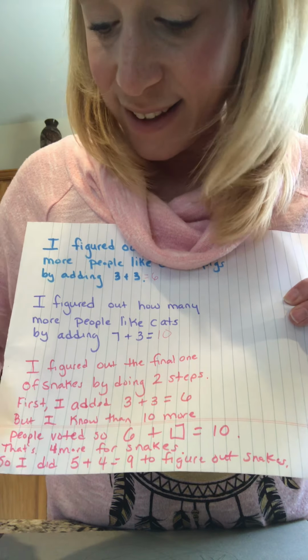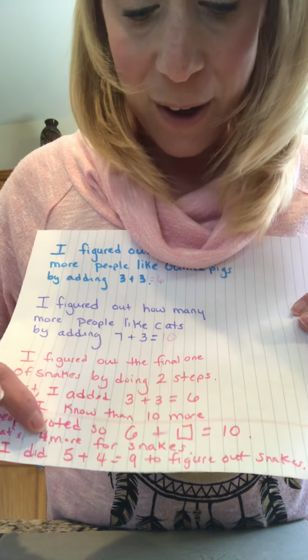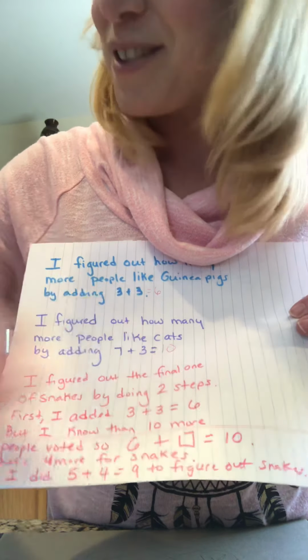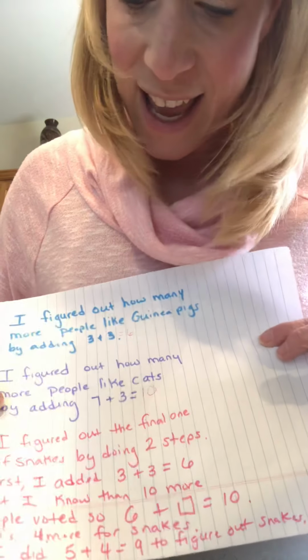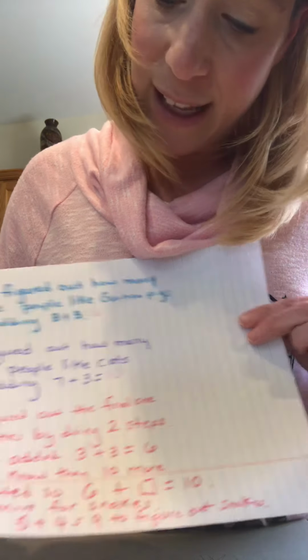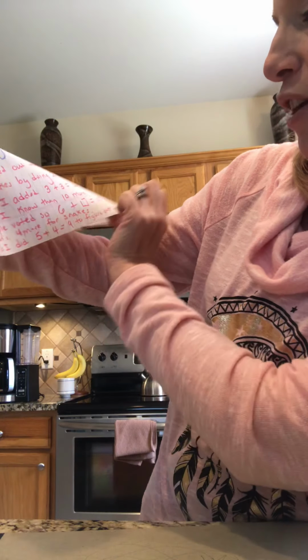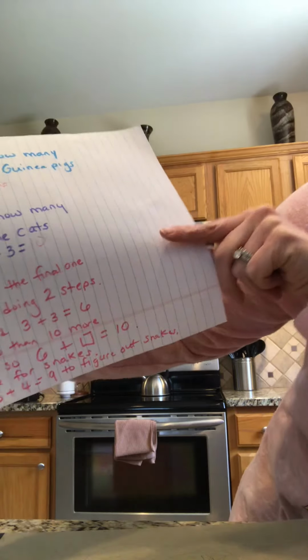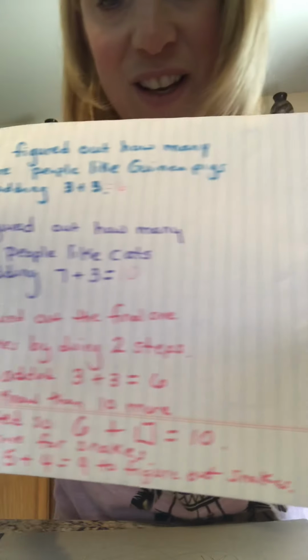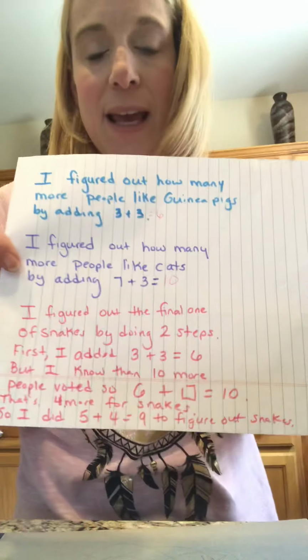Okay, and that's 4 more snakes because 6 plus 4. So remember we drew them. 1, 2, 3, 4 equaled 10. All right, so the last thing I wrote was, so I did 6 plus 4 to figure out the snakes. Okay, so that was a big step.